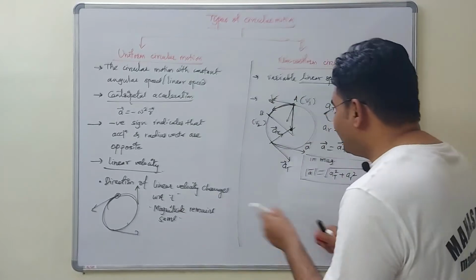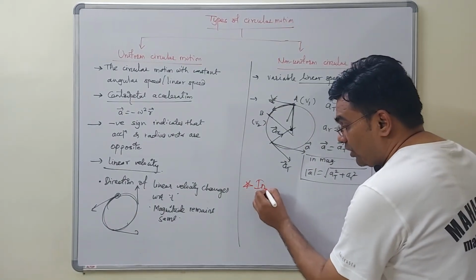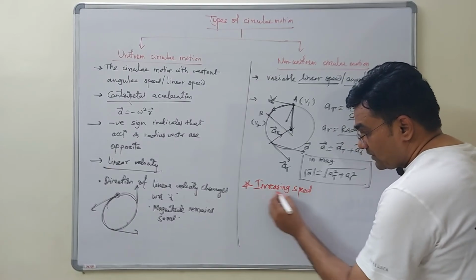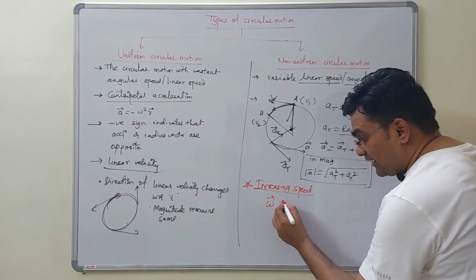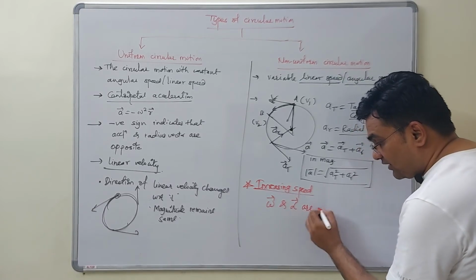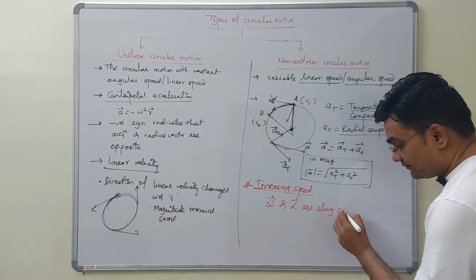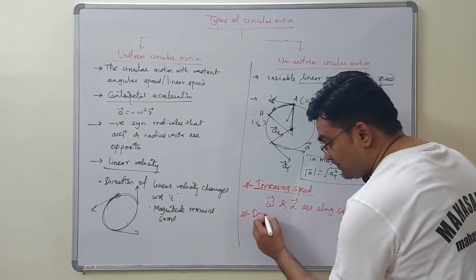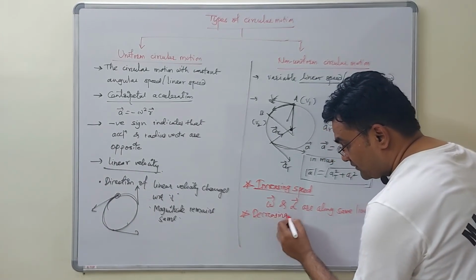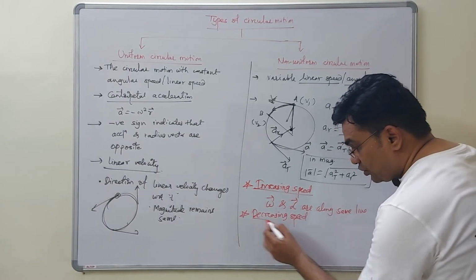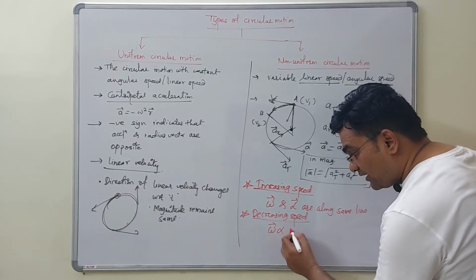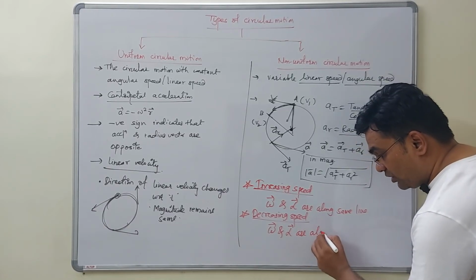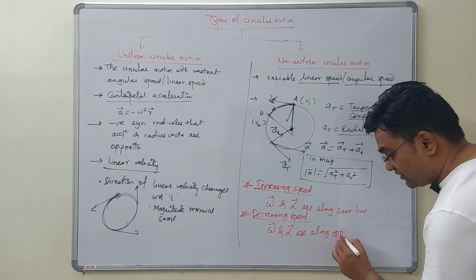So for increasing speed, the omega vector and alpha vector are along the same line. Remember, for decreasing speed, the omega vector and alpha vector are in opposite directions.